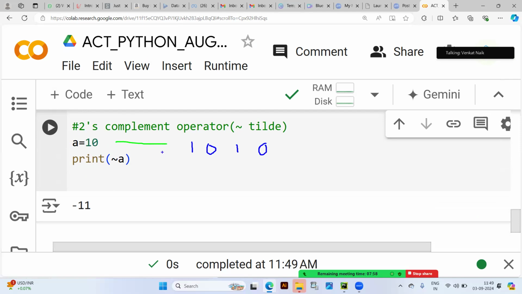If you perform the 2's complement, this bit is called the LSB, least significant bit. ఈ 1 ని మోస్ట్ సిగ్నిఫికెంట్ బిట్ అంటారు, ఇది MSB. ఈ లీస్ట్ సిగ్నిఫికెంట్ బిట్ ప్లేస్ లో ఒకటిని యాడ్ చేస్తే దీన్ని 2's complement అంటాం. So 0 + 1 is 1, 1 0 1.